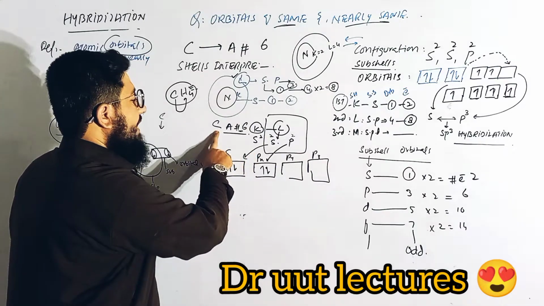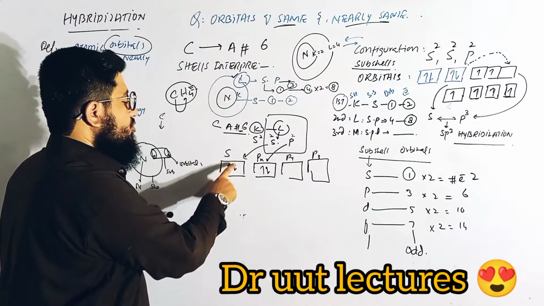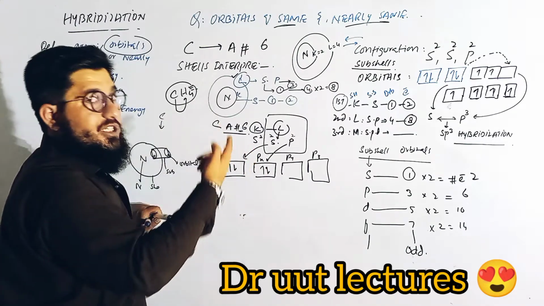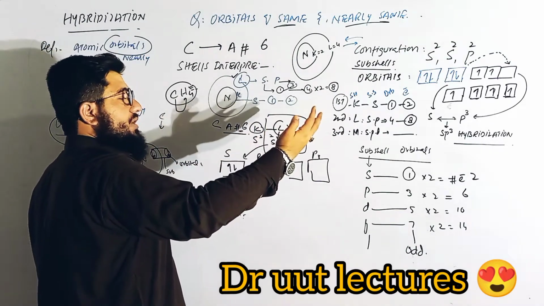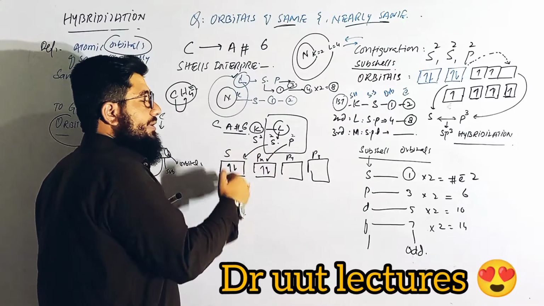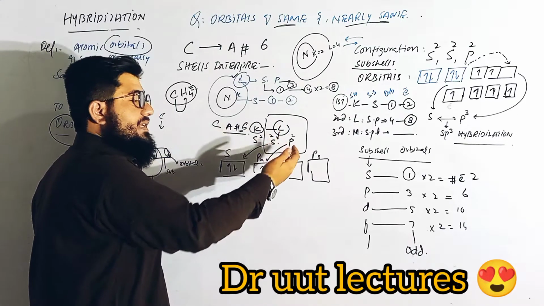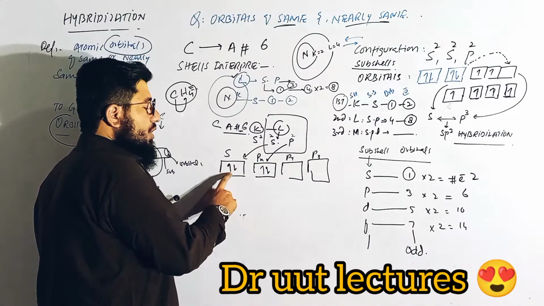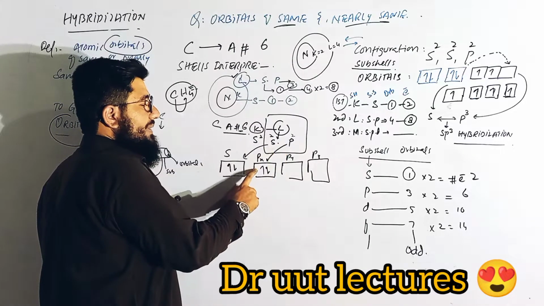So in the case of carbon we just have 6 electrons, so 2 of the electrons are in the orbitals of the K shell, and the remaining 4 electrons can be placed in the orbitals of the S and P subshells of the L shell. So now what happened? S got 2 electrons, P got px, py, pz.